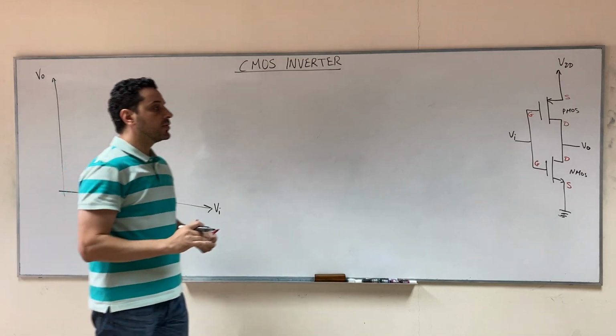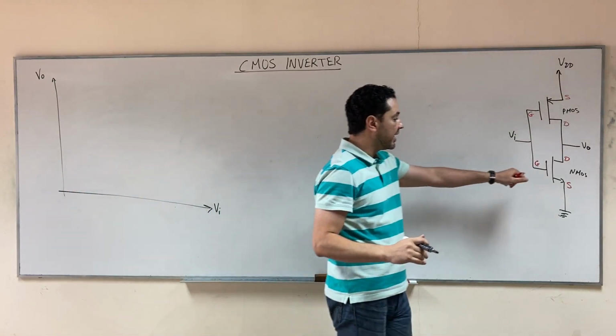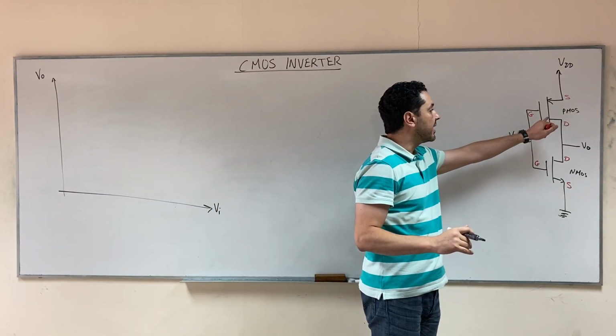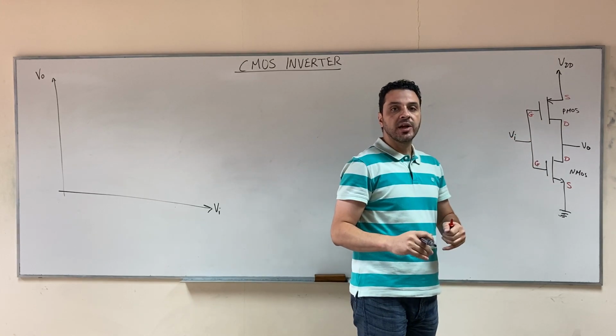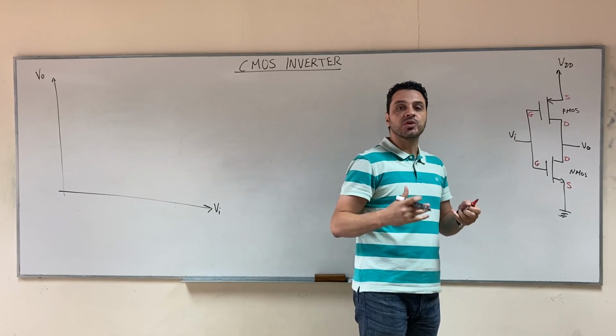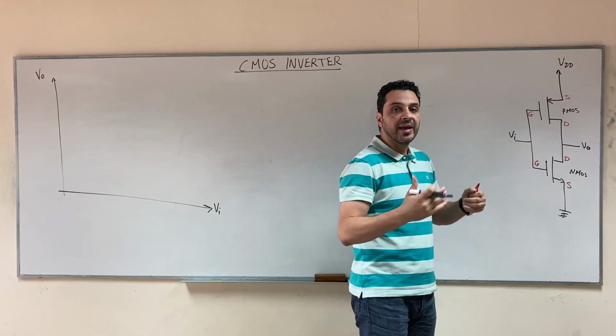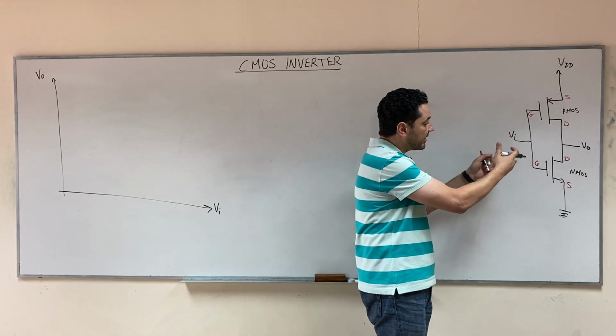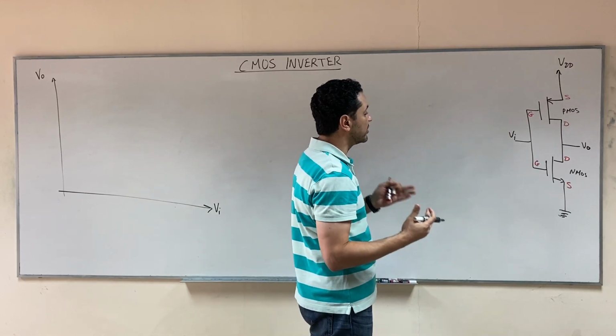In order to do that, we'll have to study the characteristics of the NMOS transistor and the characteristics of the PMOS transistor. We already studied them, so we're going to just review them quickly, and then we apply the current connection to these characteristics that we studied before.